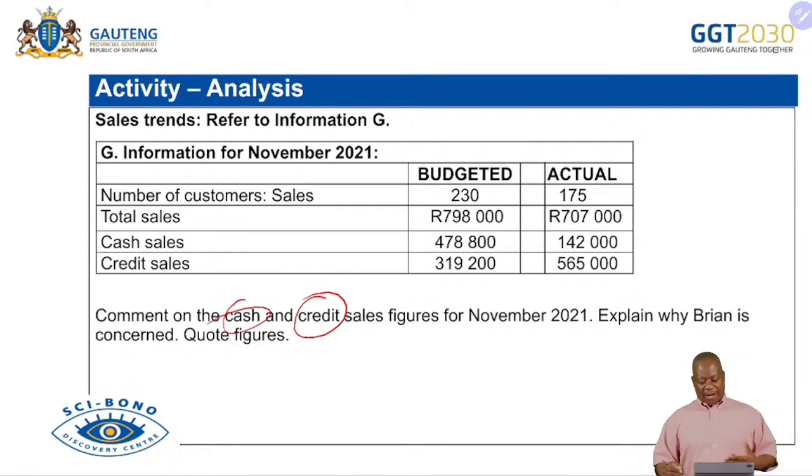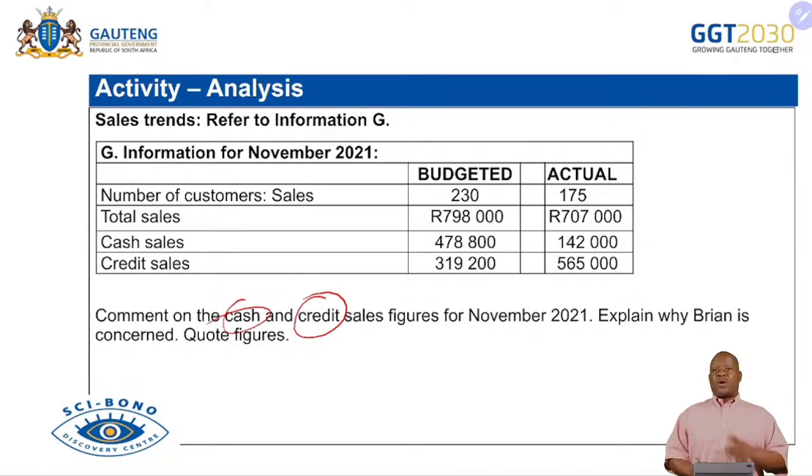Now we move on to credit sales. Credit sales increased from 319,200 to 565,000. Now, why would this be concerning to the owner? Why is Brian worried about this? When there is an increase in credit sales and a decrease in cash sales, does it affect your cash?